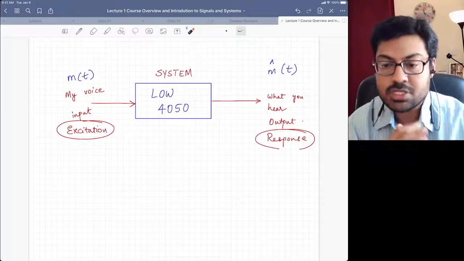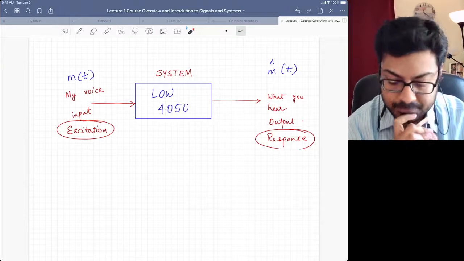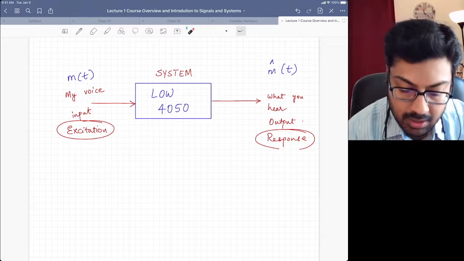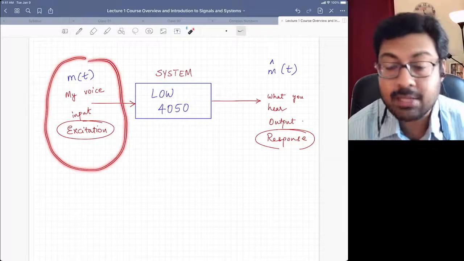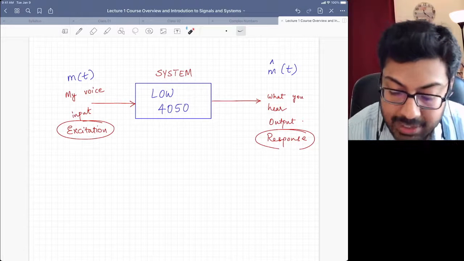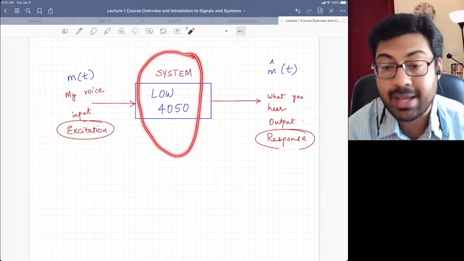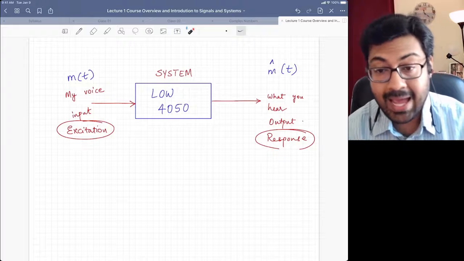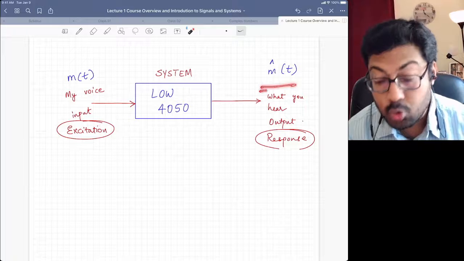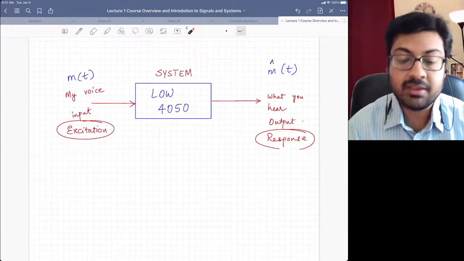So let me pose a question to you guys. If I were able to write M of T in a mathematical fashion, and if I were to characterize my system in a mathematical fashion, as engineers, do you think it should be possible for you to know what M hat of T is?